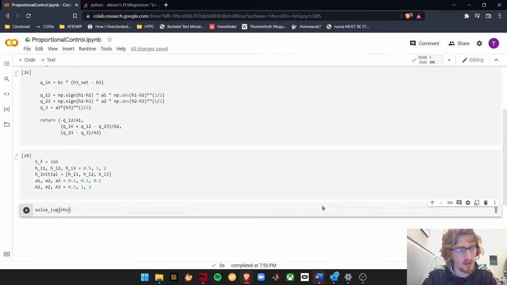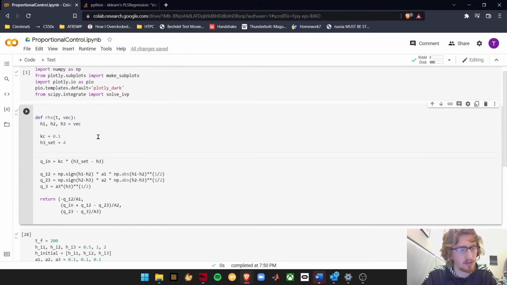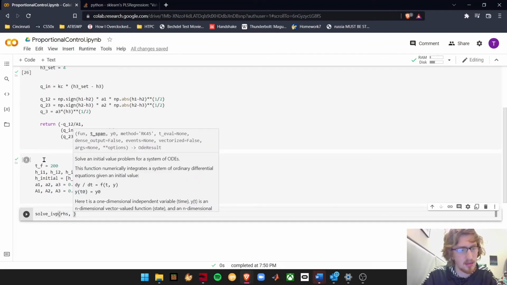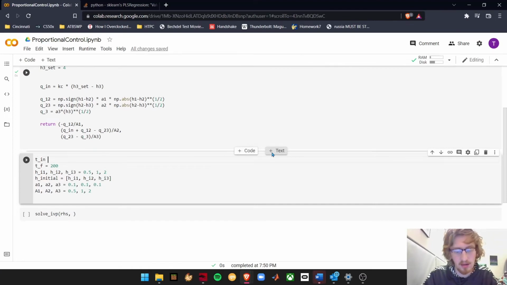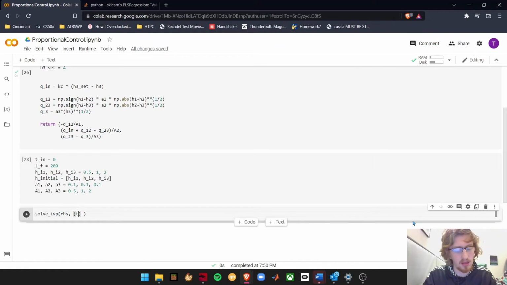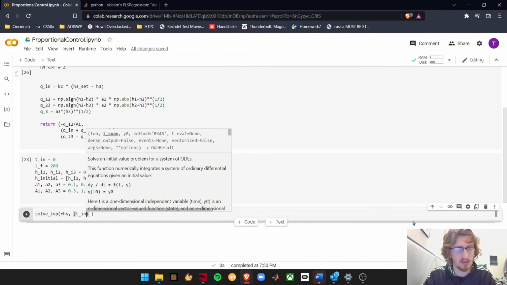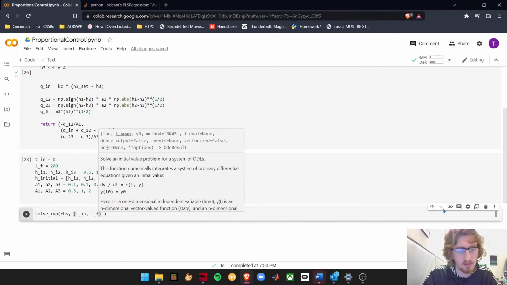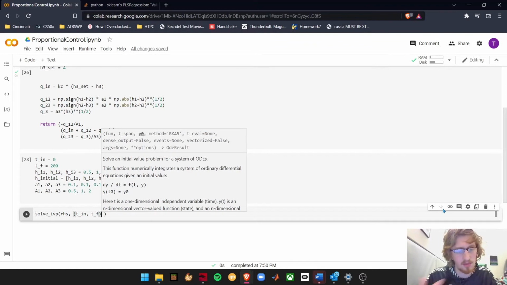We're going to be solving our RHS function, our right-hand side of the equation function. We have to provide it, and I forgot that I deleted this, but our initial time is going to be 0. We have to provide it our start and our end times in the form of 2 scalars, and we're going to just use our time initial and our time final.